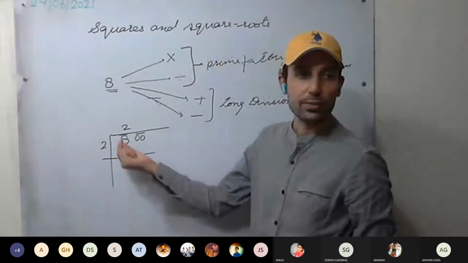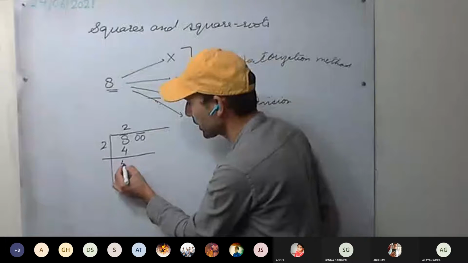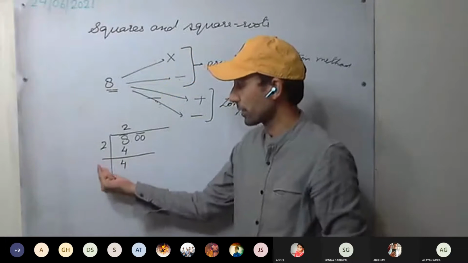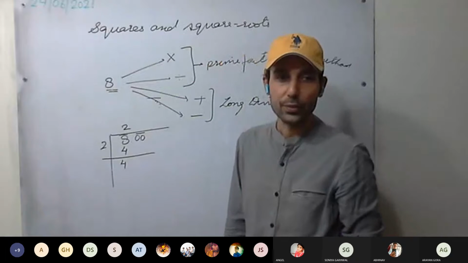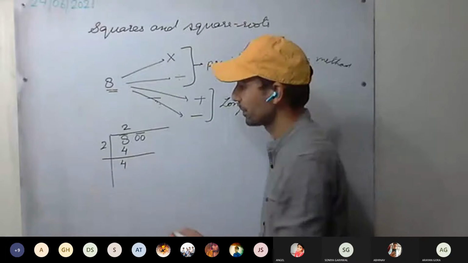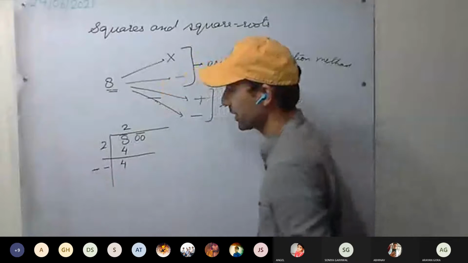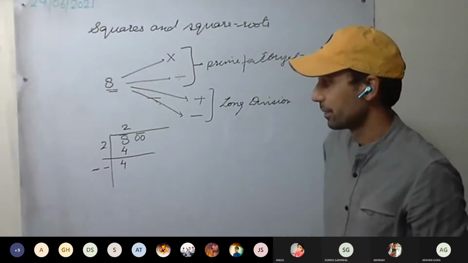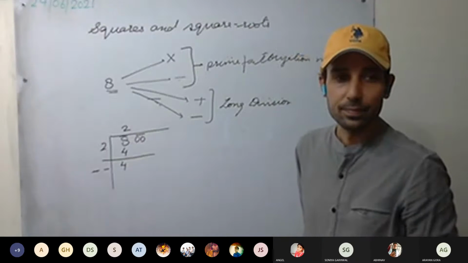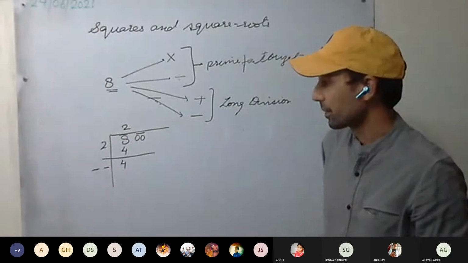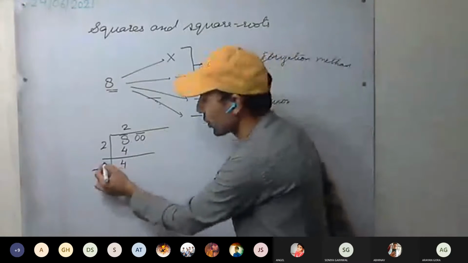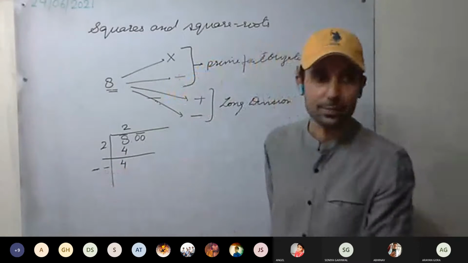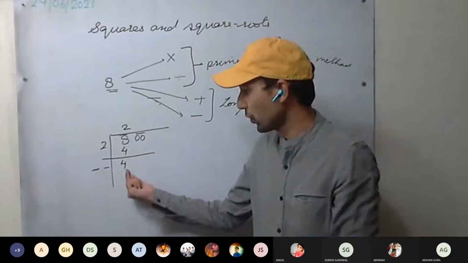Okay. Now, what do we have to do? Subtract it. Does anyone in class have a doubt, or do we require to go further? We do not require. We got 4.